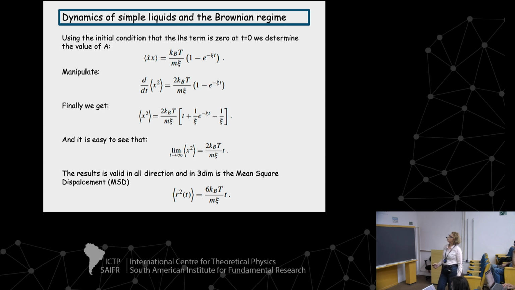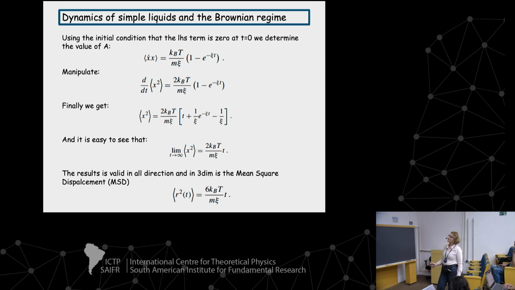And it's easy to see that the limit for t going to infinity of this quantity is proportional to the time, and the proportionality factor is, we will see in a while, the diffusion coefficient.